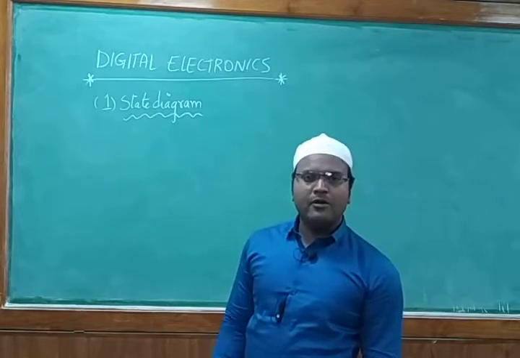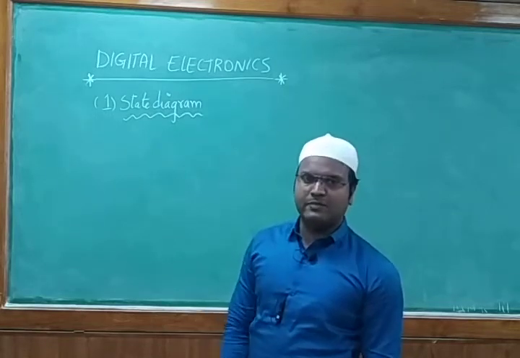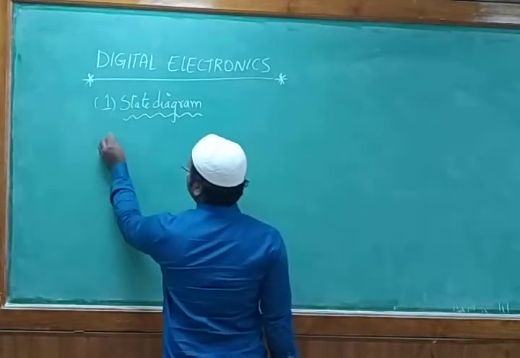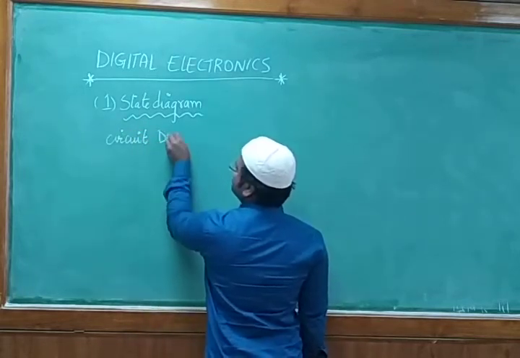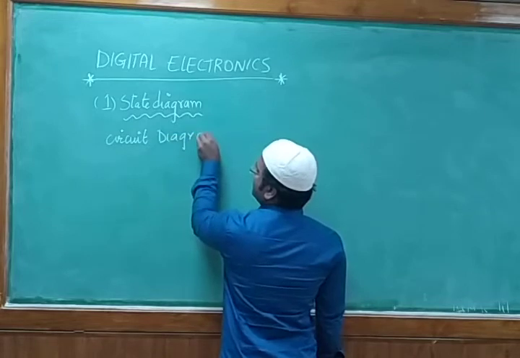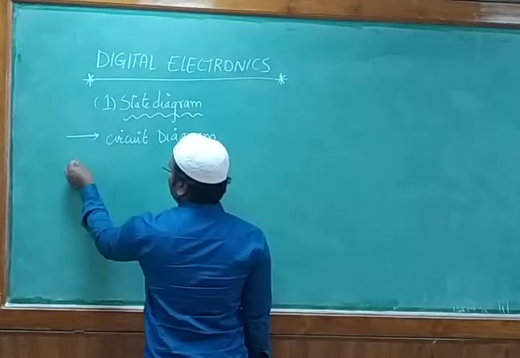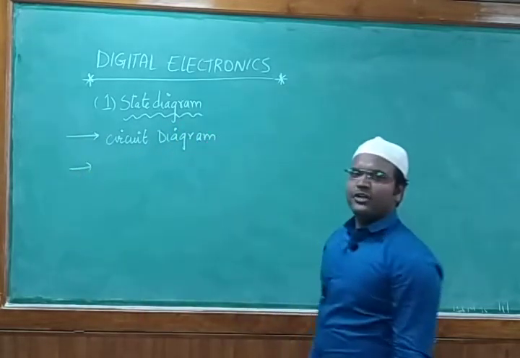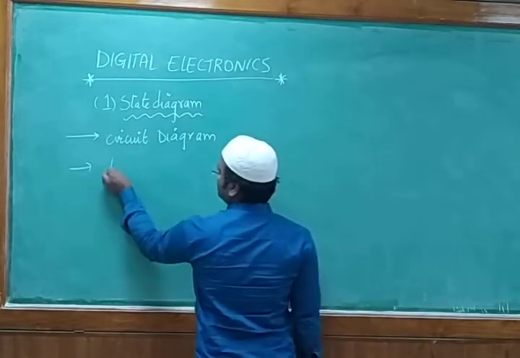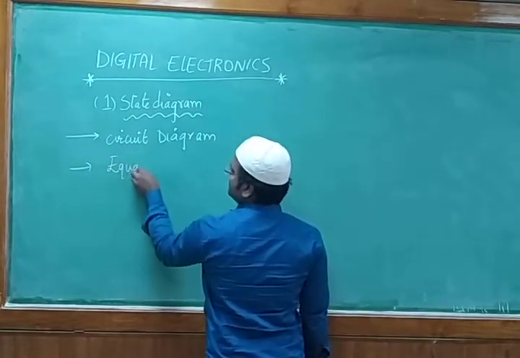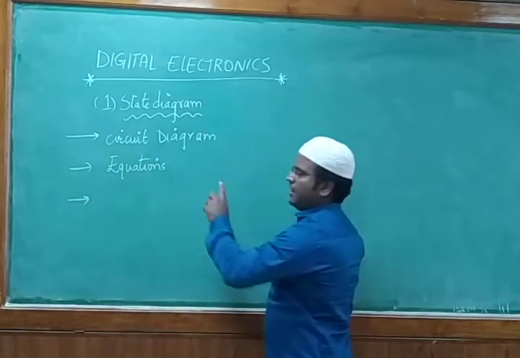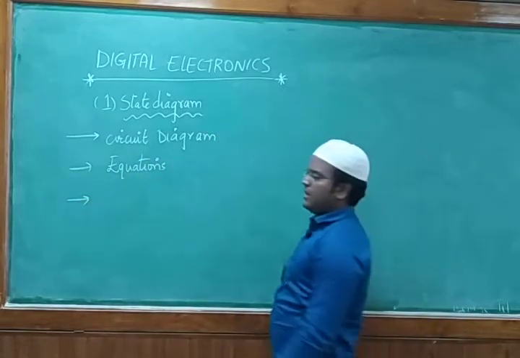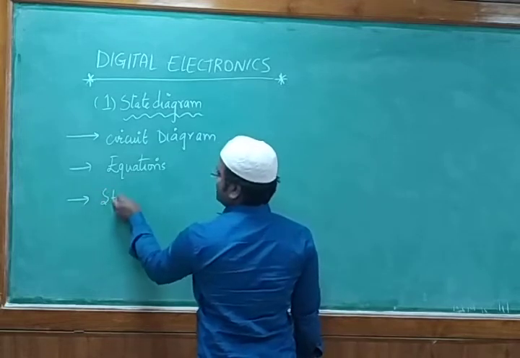To do the state diagram, we should follow 4 steps. First step is that we should know the circuit diagram. After knowing the circuit diagram, next we need to write the equations, the state equations. After that, we have to make a tabular form, that is the state table.